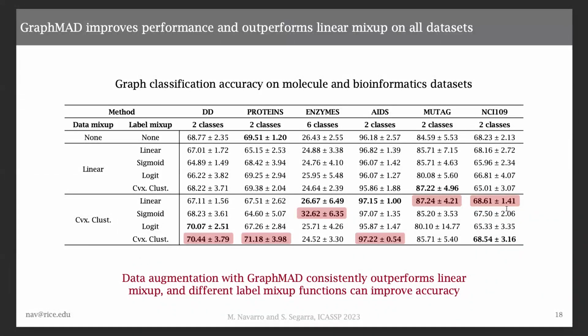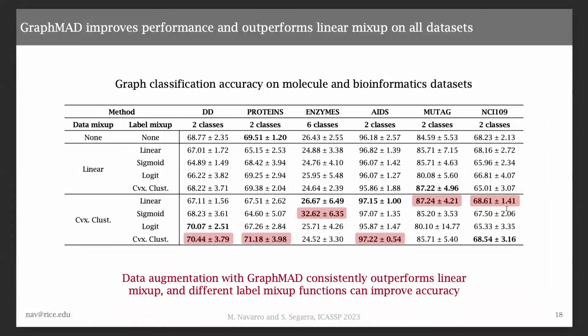And so what we observe is that Mixup using the graphon as a latent space is able to improve classification. So the use of the graphon as a latent space is preserving the semantically relevant information that we'd like, or at least empirically, we're showing this is the case. And then also the convex clustering Mixup outperforms the linear Mixup for all of these data sets because it is more informative, and it performs especially well for multi-class data.